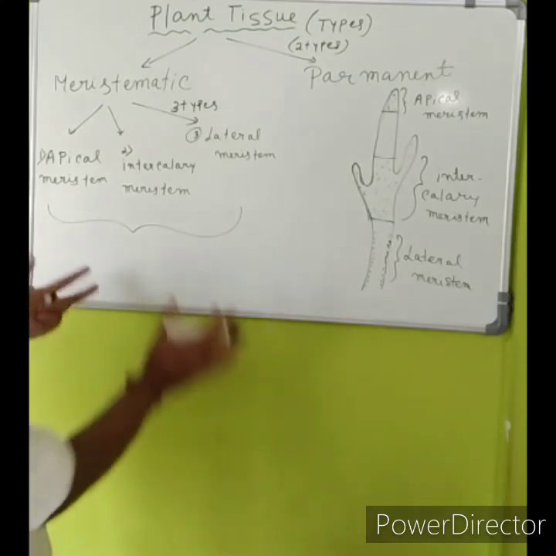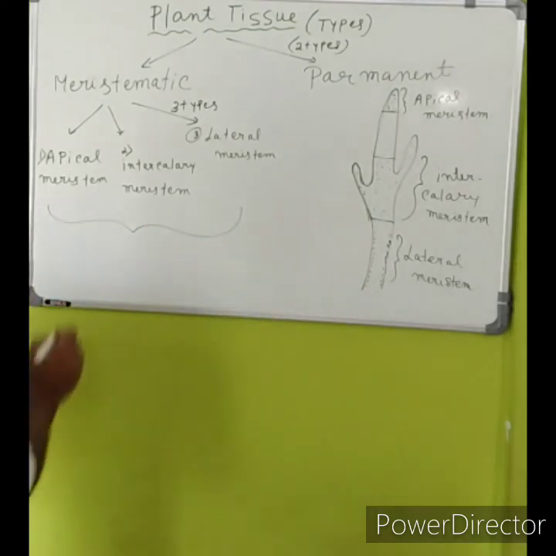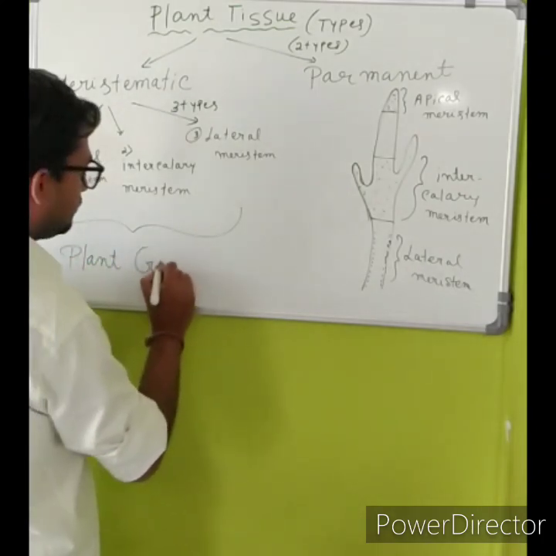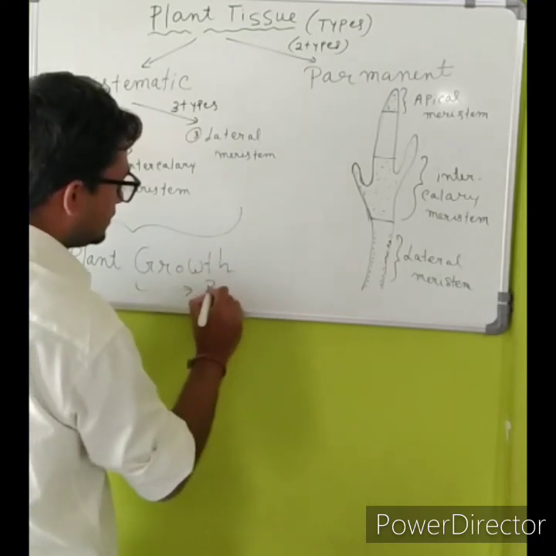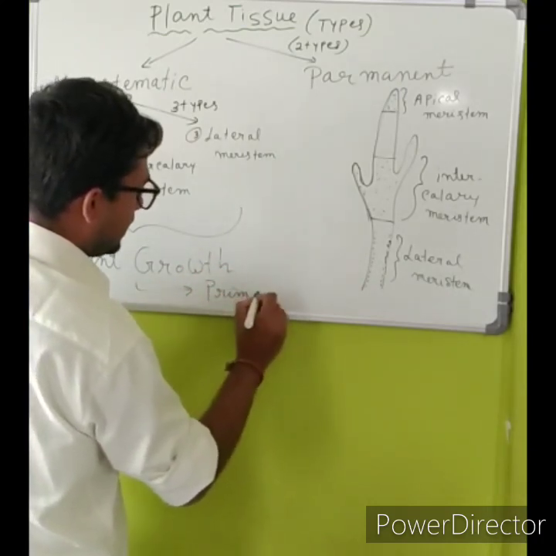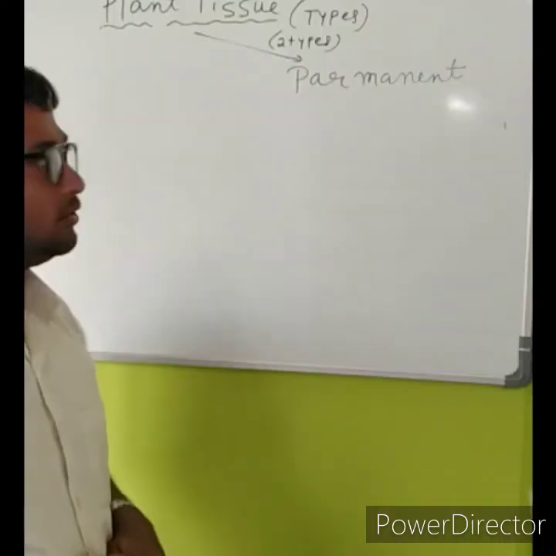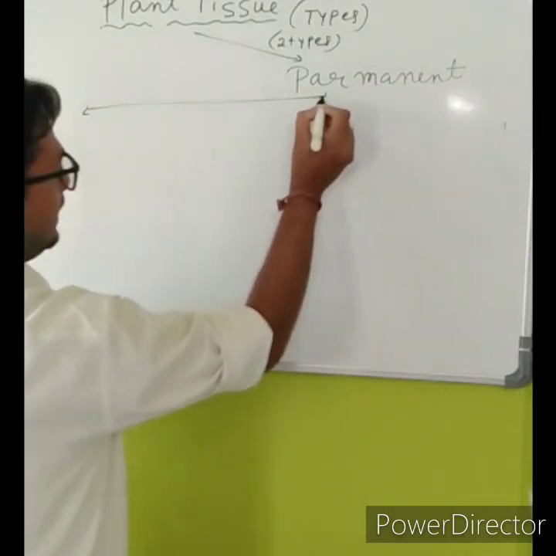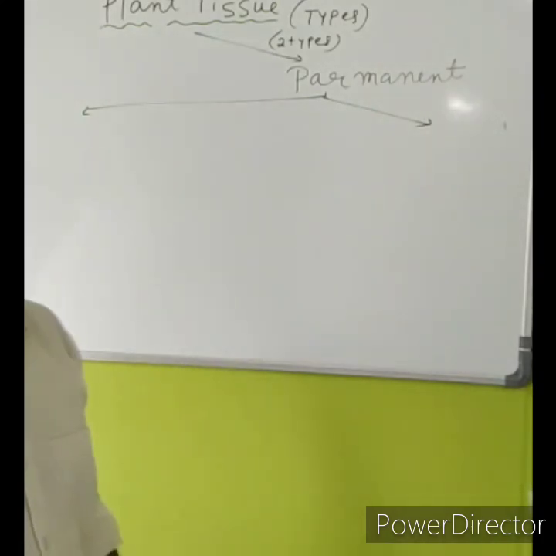The cell division activity of these three different groups of cells causes plant growth, and it is called primary growth.